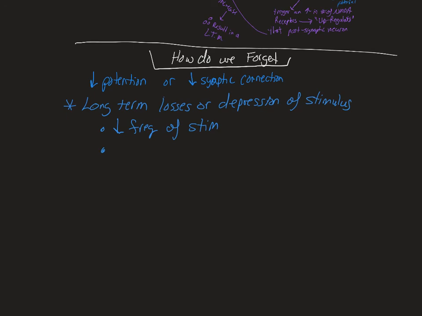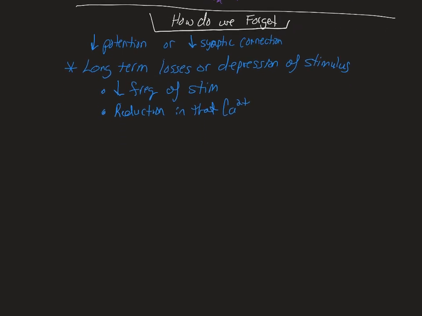And part of this is going to be due to a reduction in that calcium that you need to create that potentiation between the different neurons so that you have those NMDA receptors that are responding to that, okay? So you lose the stimulus, you have a loss in calcium, okay?